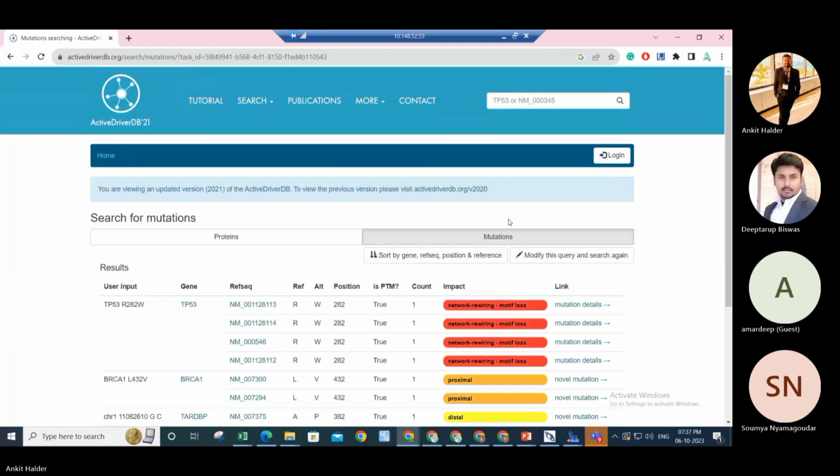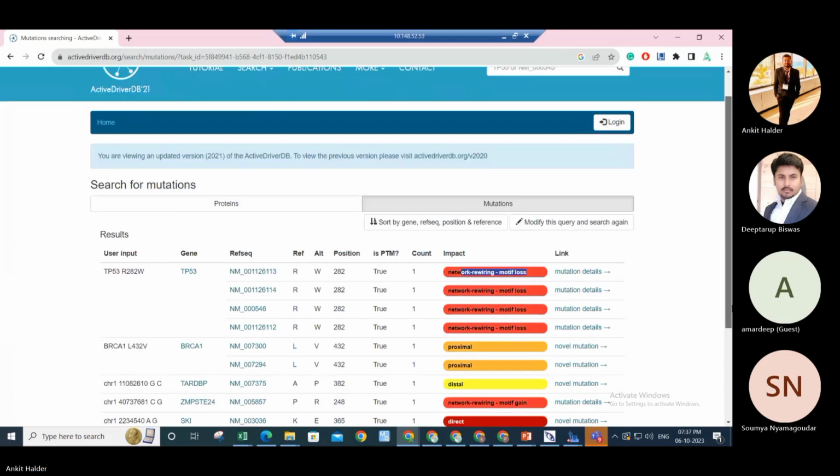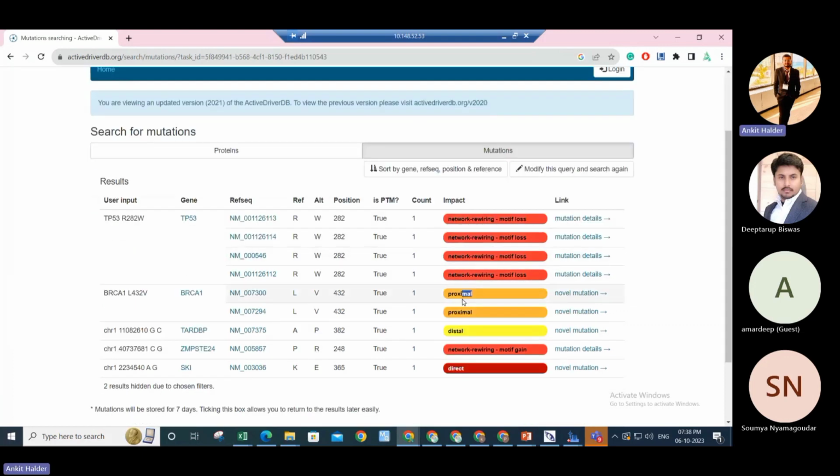So network rewiring, motif loss, proximal, distal, impact. Direct PTM, true, all are true. What reference, what alternate, what position, what is the link.